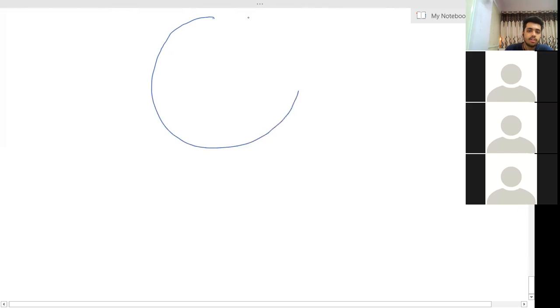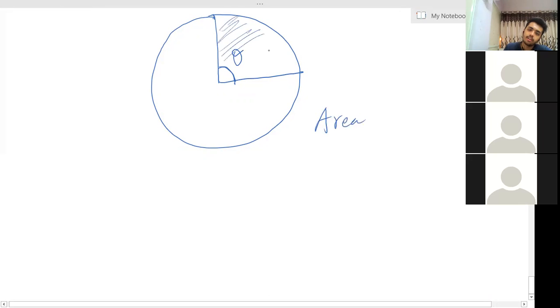So one more last thing in a circle. Let's say you have a sector with a certain angle theta. Now if you want to find the area of the sector, you cannot just divide the area of the circle by 4.